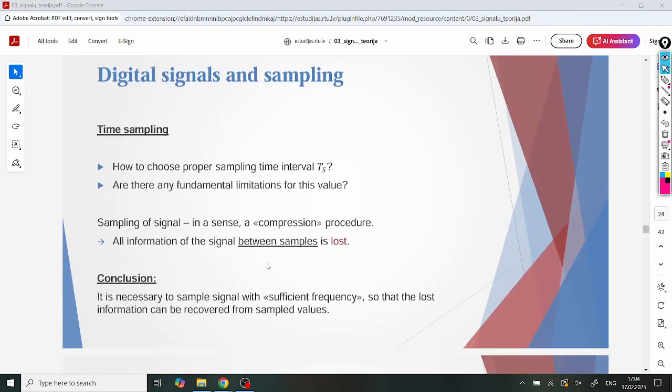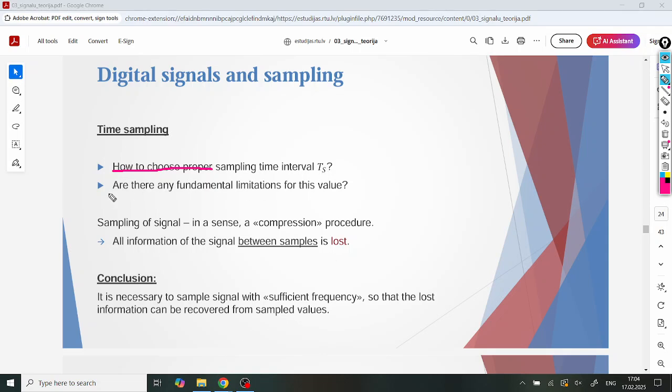Now there are two questions arising out of this situation. Well, first of all, is there a way to choose a proper sampling time interval? Because obviously we may choose it incorrectly, and that may have some problems, may not. We also don't exactly know that right now.